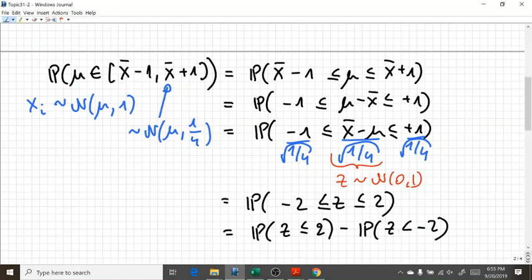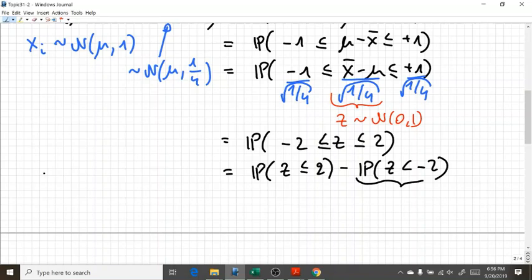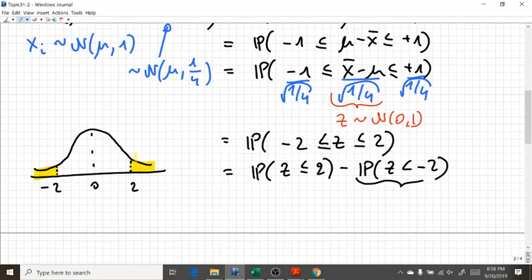And now, how can I rewrite this? Well, if I draw here a standard normal distribution centered at 0, then the area below the curve, below the PDF, before minus 2 is the same as the area after 2.